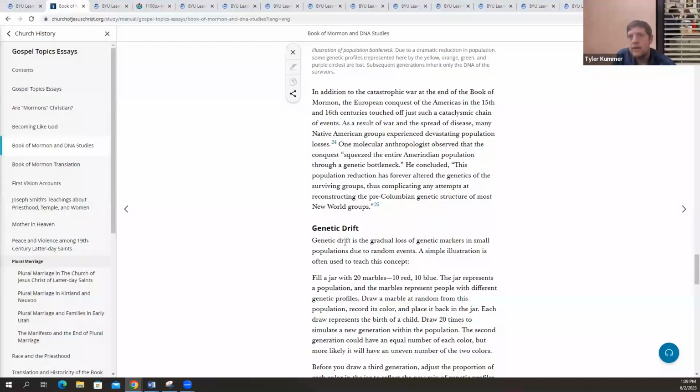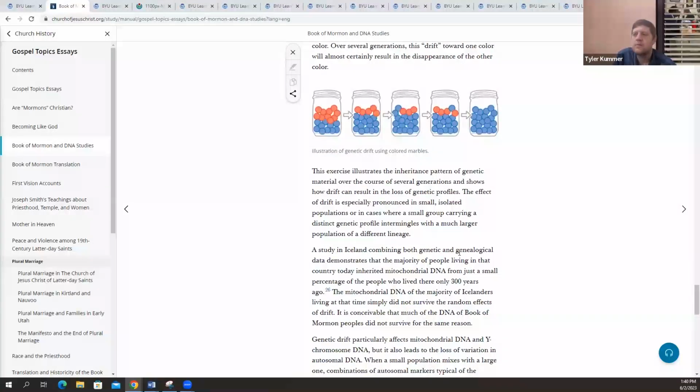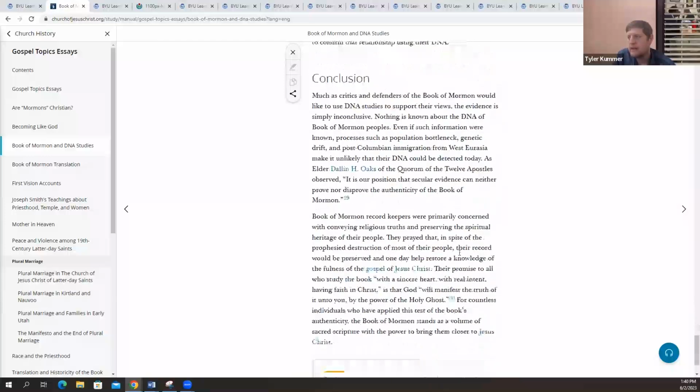So the idea that thousands of years after these groups were together, according to the Book of Mormon, there would be genetic markers that would clearly target these two and we could detect those sequences easily, is denying how we understand that evolution works. And because of our understanding of how it works, we can understand why the evidence some might claim doesn't hold up to what we would expect to see.